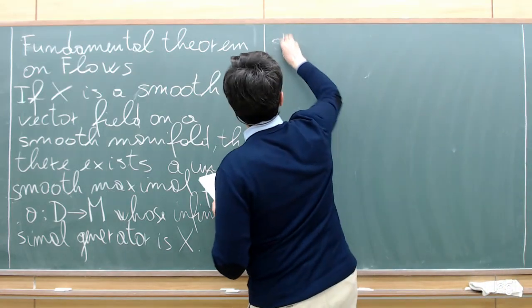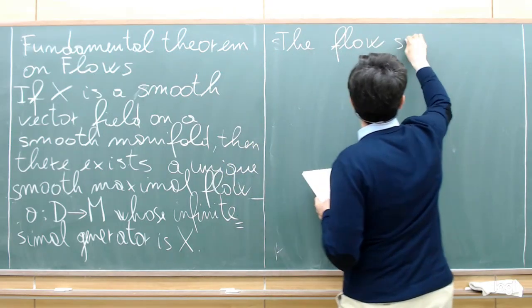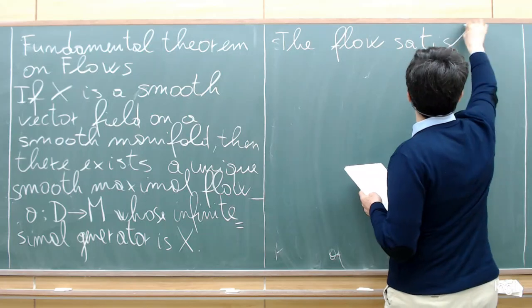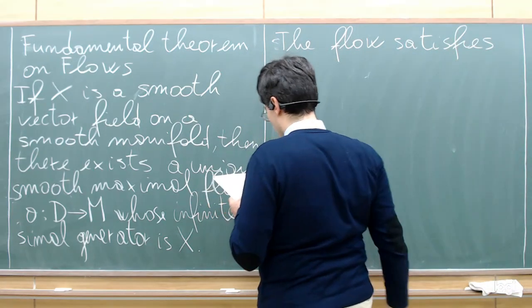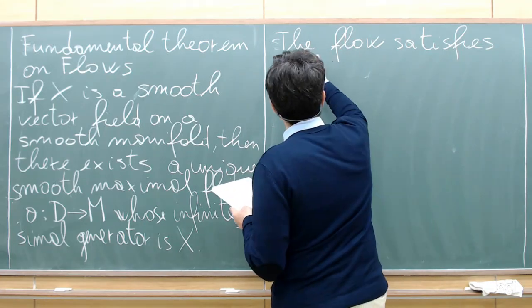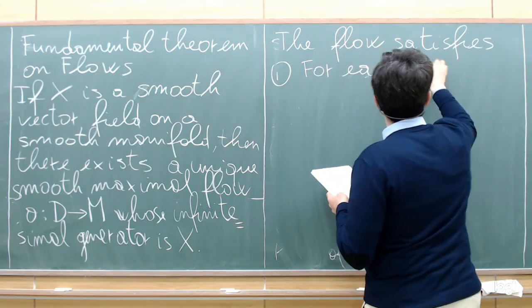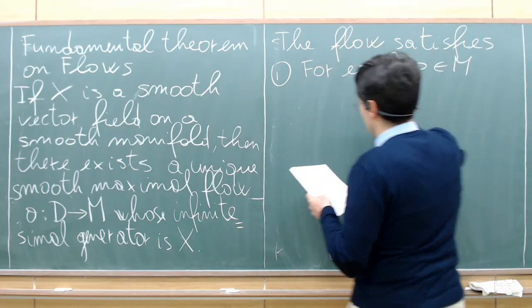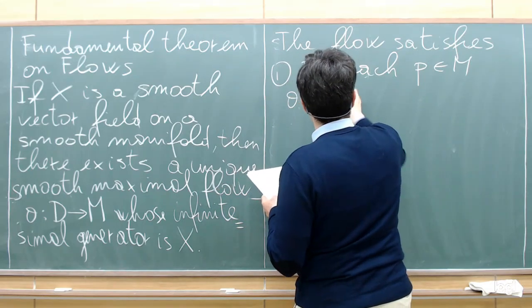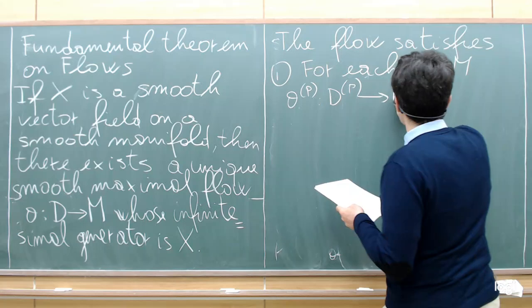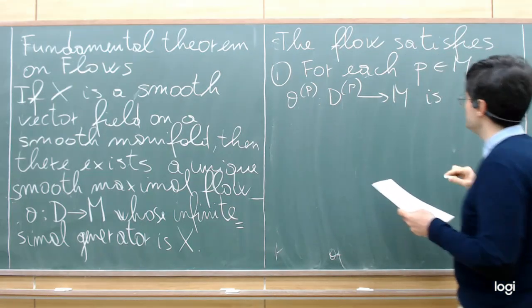The flow satisfies the following properties. 1. For each p in M, theta^(p) from D_p into M is a curve.